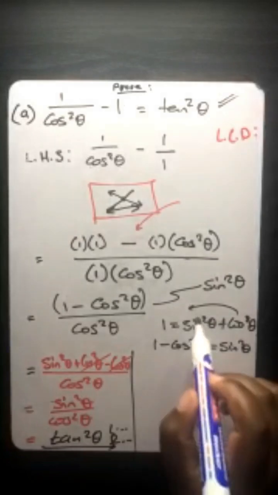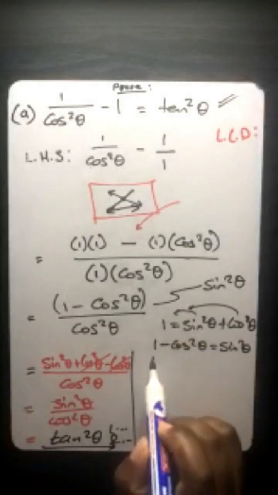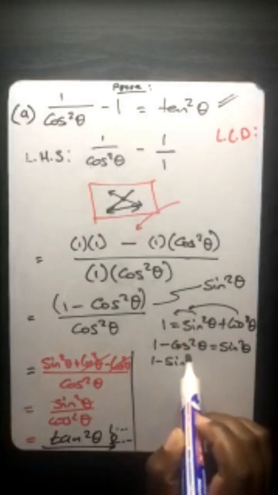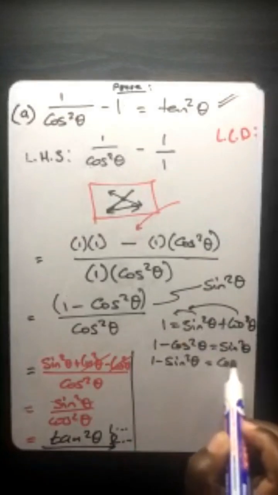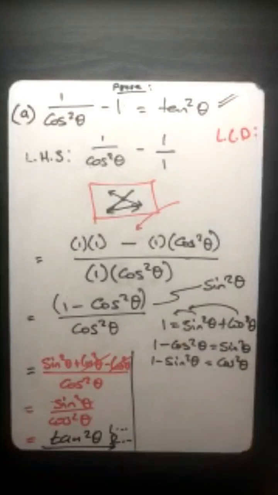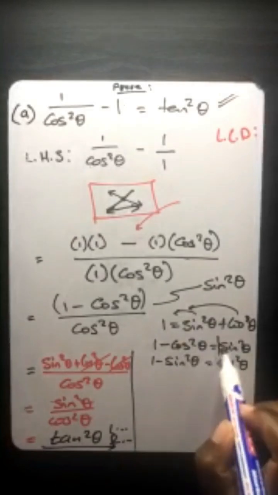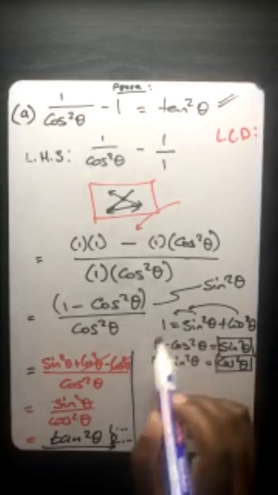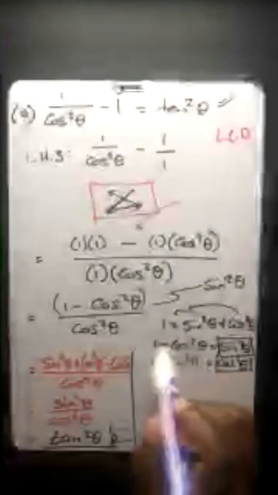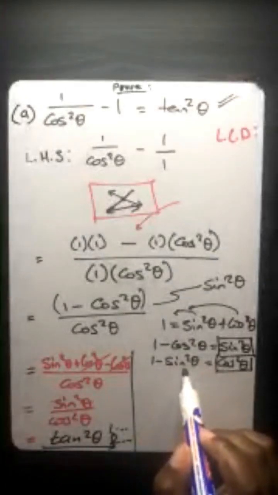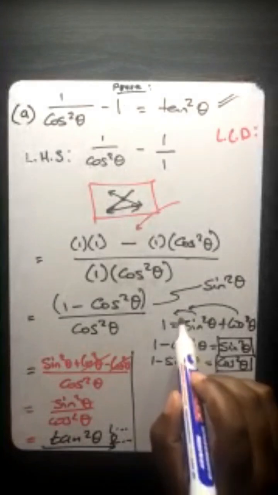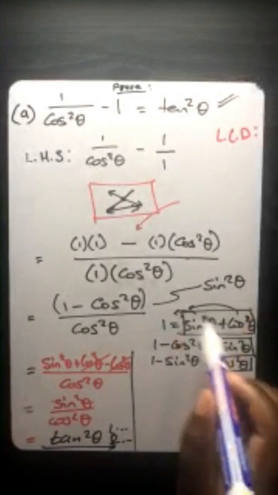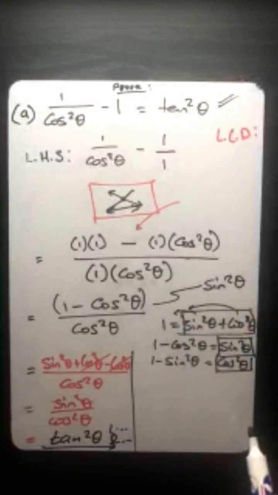Or if you take sine to the other side, you're going to have 1 minus sine squared angle, then that means it's equal to cos squared angle. So when you see cos squared angle or sine squared angle, just know that it is the same as that. And where is that coming from? It's coming from you knowing that 1 is equal to the whole of that. It's just a matter of taking the other to the other side.